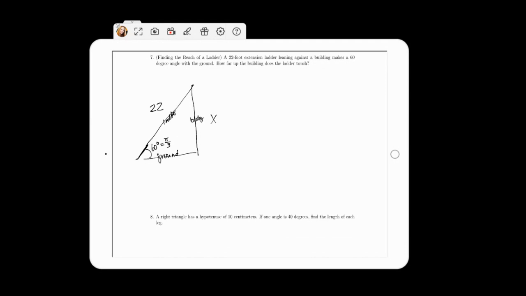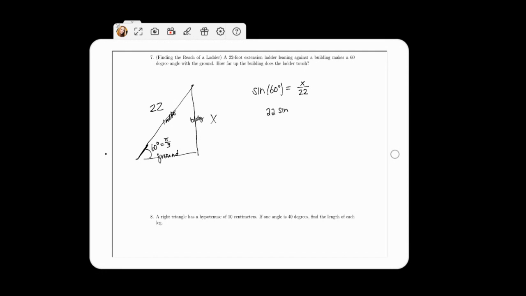So which trig function uses only opposite and hypotenuse but not adjacent? That's sine. Sine is opposite over hypotenuse. So the sine of 60 has to equal x over 22. Okay, so I can solve for x by multiplying both sides by 22.